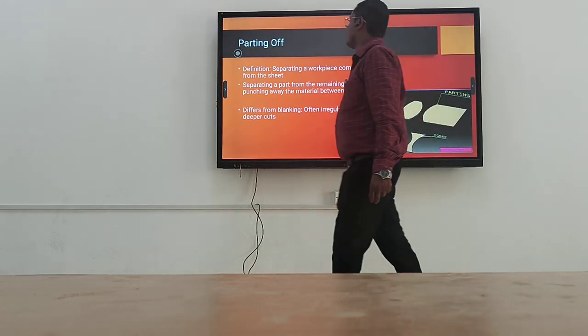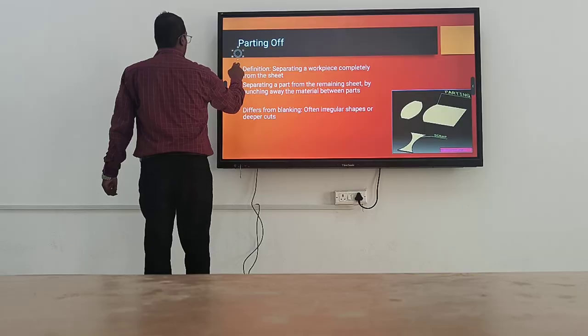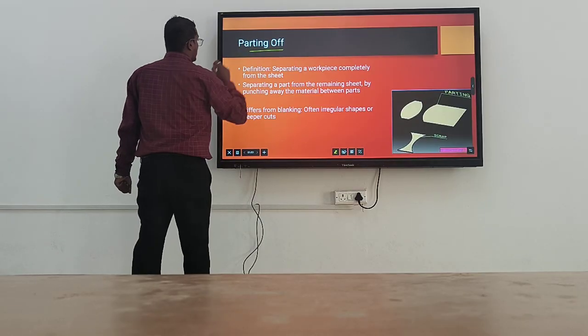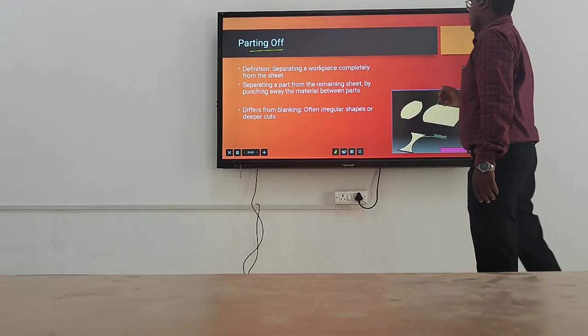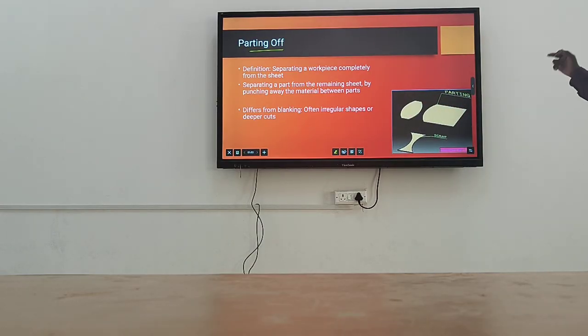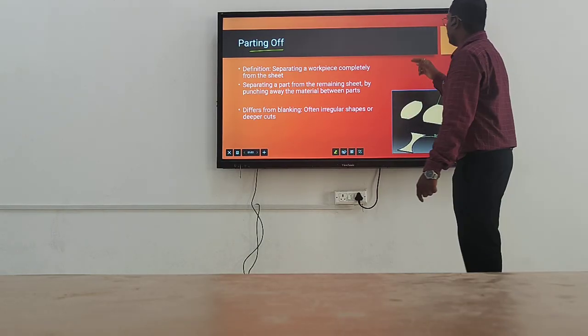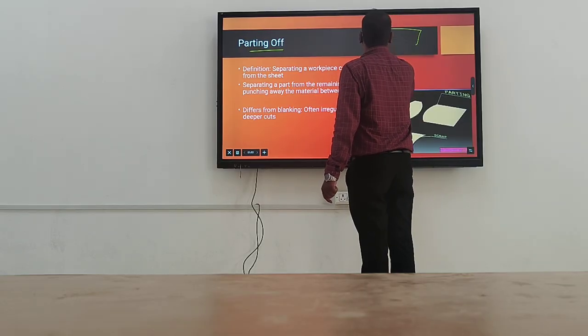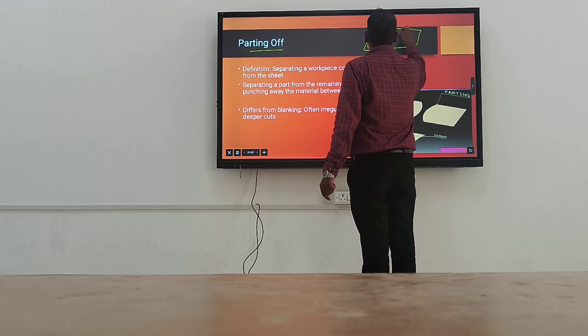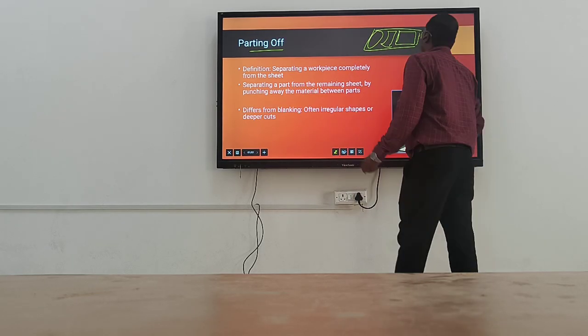Then cutting off. Cutting off means whatever shape we cut into two parts according to our design shape. So this one is the sheet. Then we cut that material. And this one is the other shape.